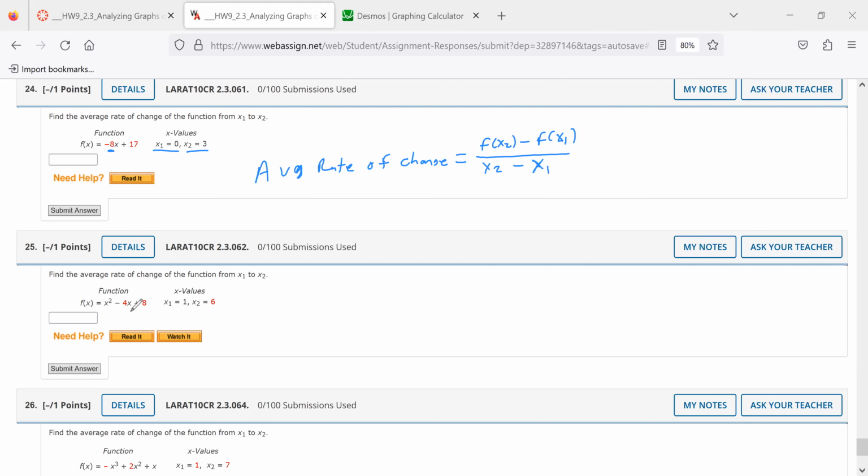So in order to find them, solve these, and then we can just plug it into the formula, right? So 36 minus 24 plus 8. What is that going to be?